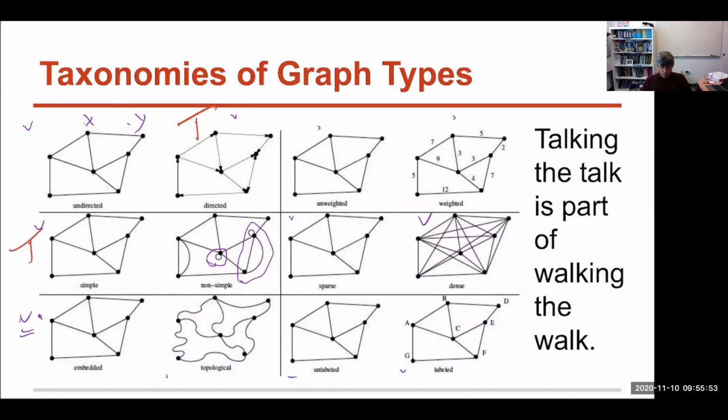Do we have an embedding of where the nodes in the Twitter graph actually are? Any opinions here? I might say yes.